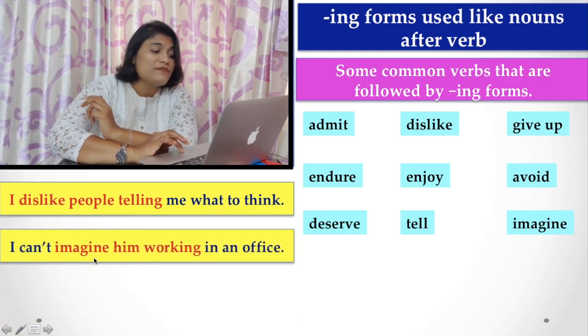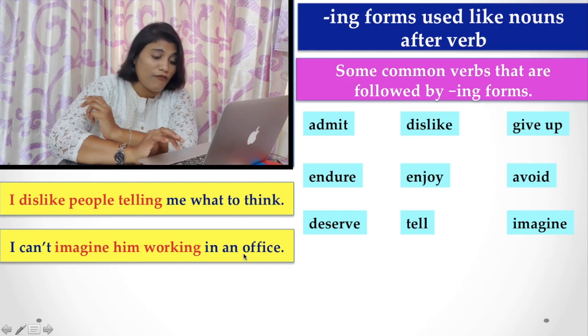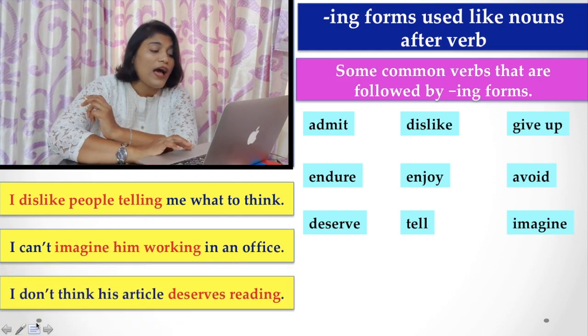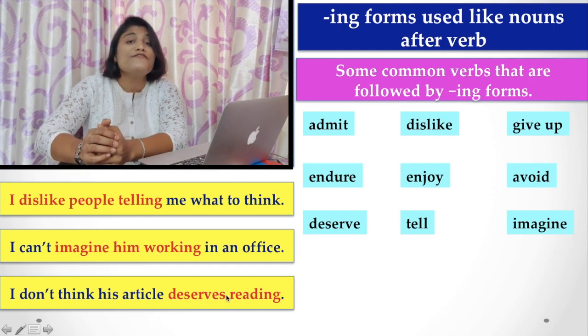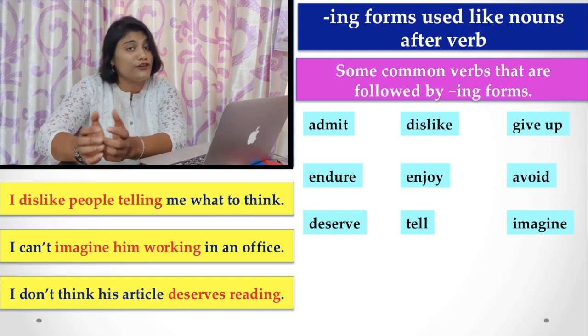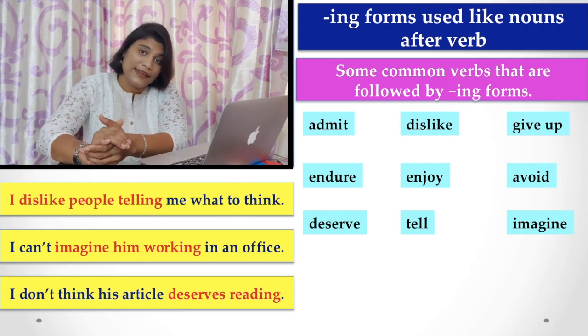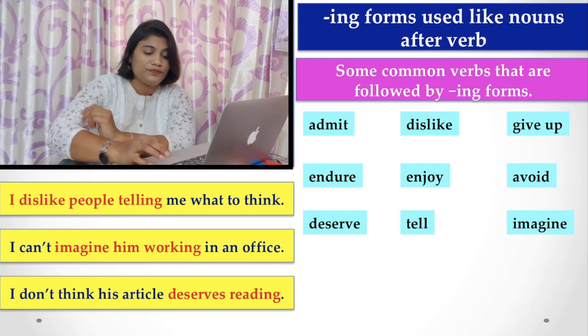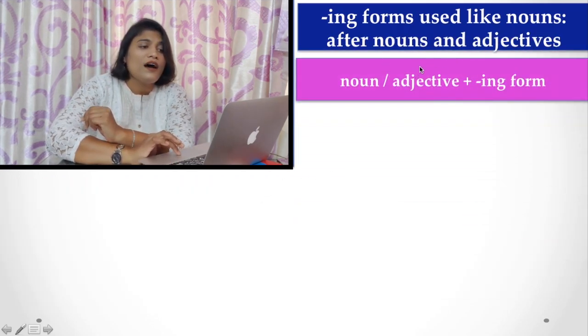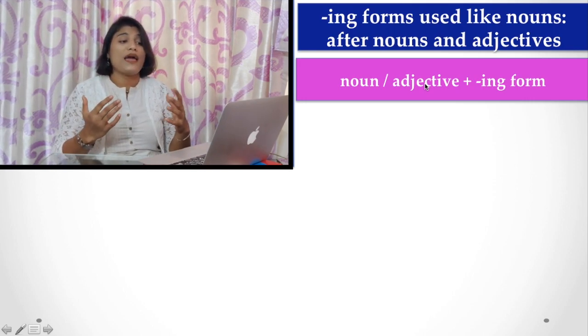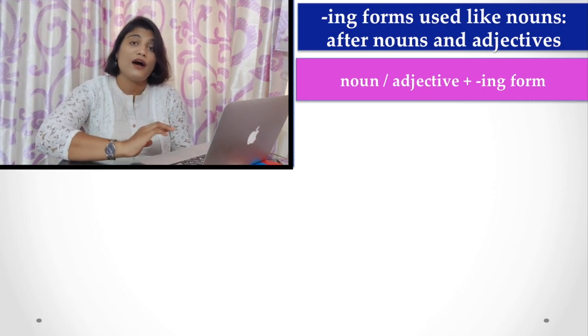Or I can't imagine him walking in an office, or I don't think his article deserves reading. Here you find all these verbs followed by the ing form, and they are used like a noun.